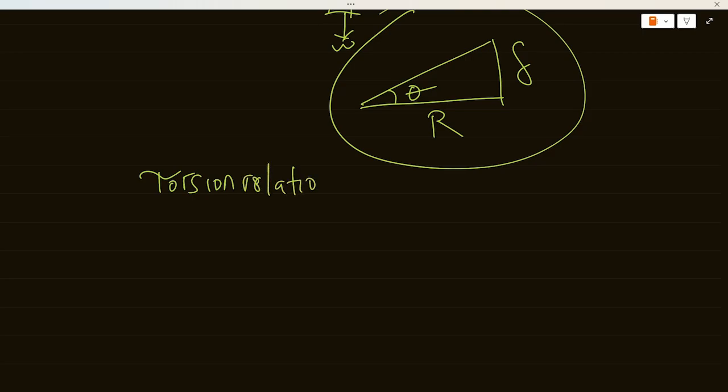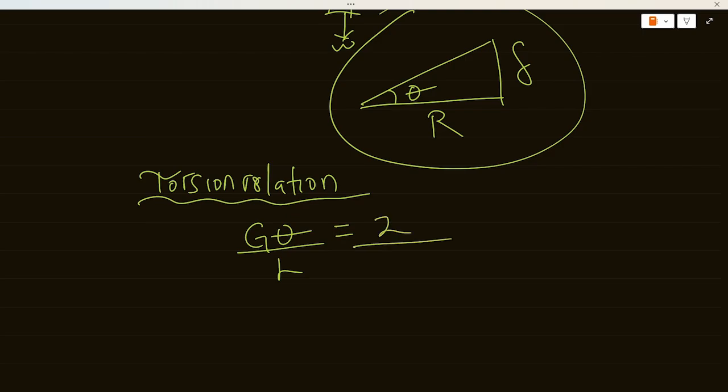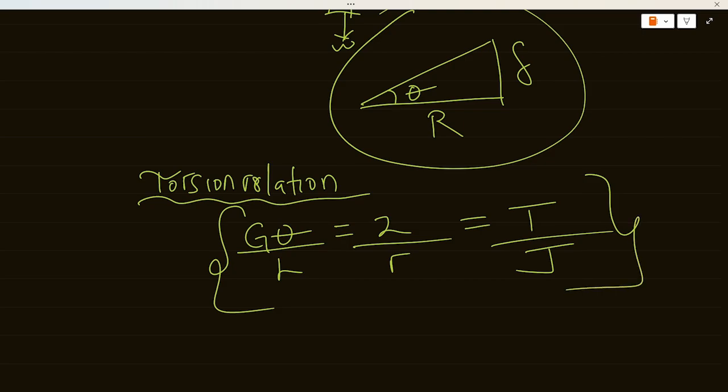We can recall that G theta over L is equal to shear stress over r is equal to torque over J. Yes, guys, we'll be needing this expression. It's fundamental to us.